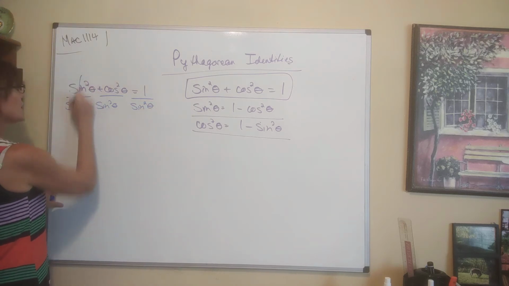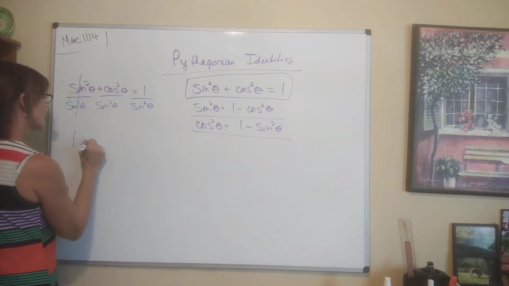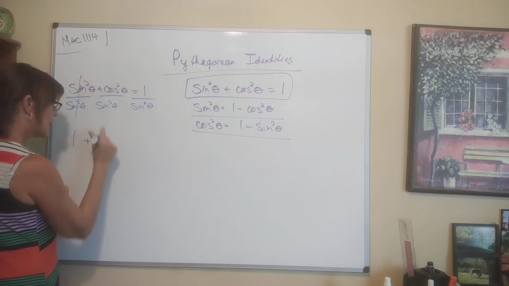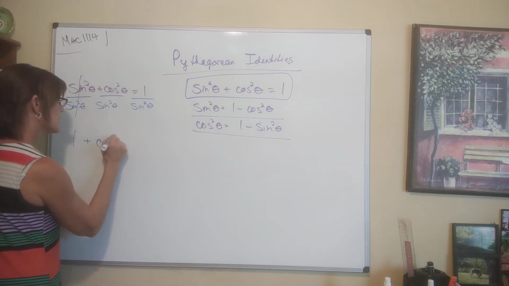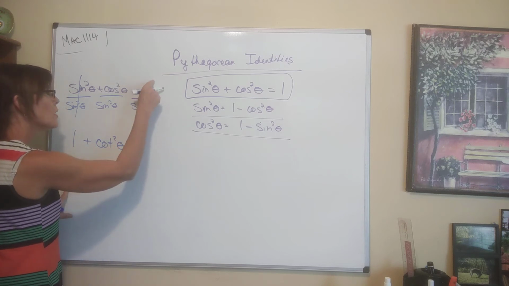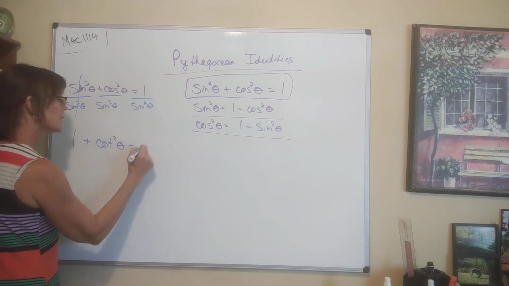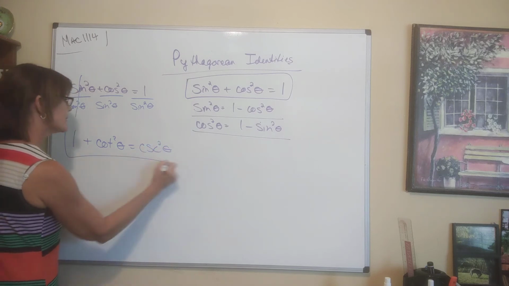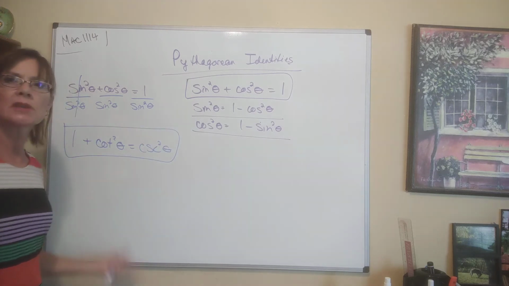What we get here, sine squared over sine squared is a 1. Cosine over sine is cotangent, and it's being squared. So this is equal to the cotangent squared of theta. And then 1 over sine is cosecant, but it's being squared. This is equal to the cosecant squared of theta. This is the second Pythagorean identity on your sheet right there.